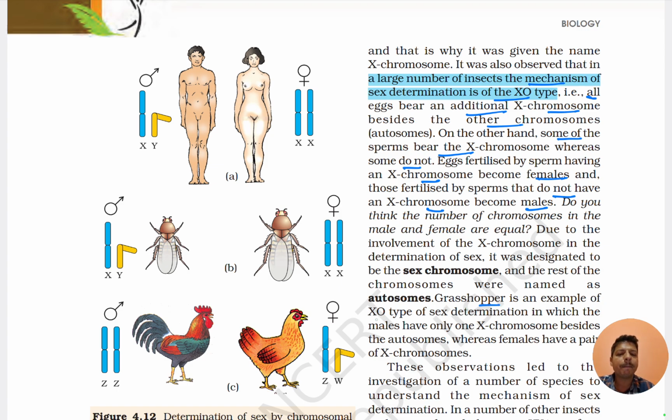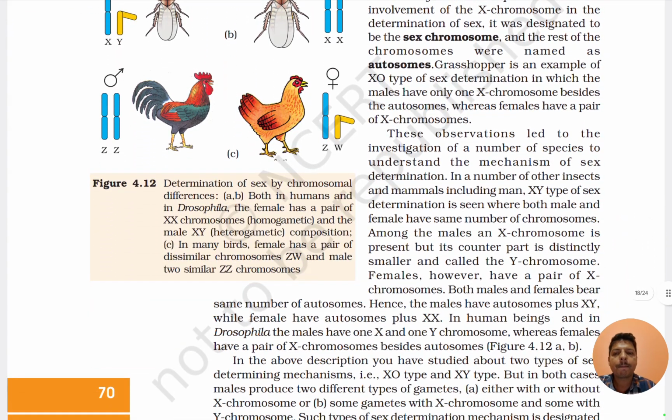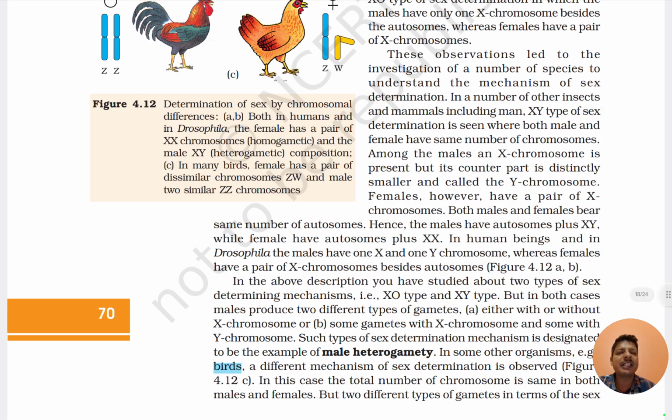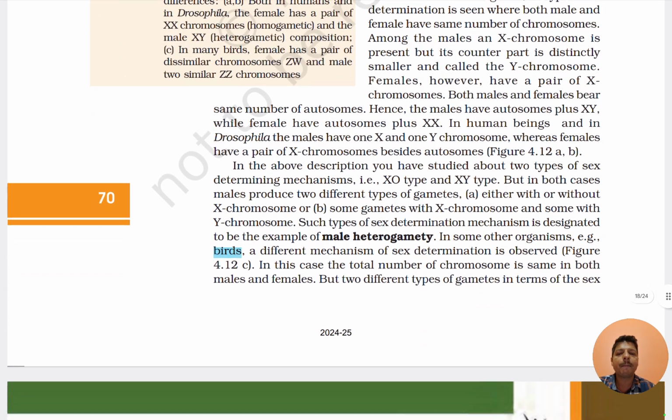Same with the grasshopper, XO type of sex determination in which the male has only one X chromosome beside the autosomes, whereas the female has a pair of X chromosomes. And coming to mammals, including men, XX and XY type, we already saw.